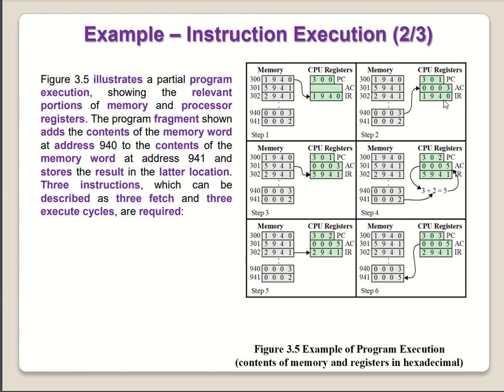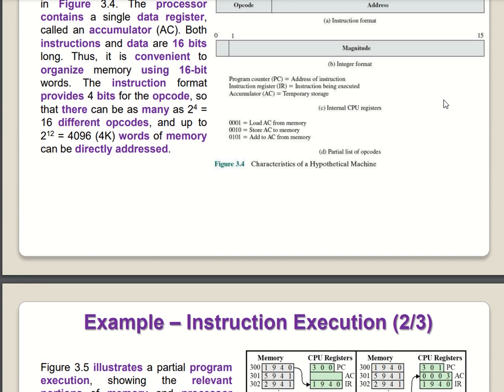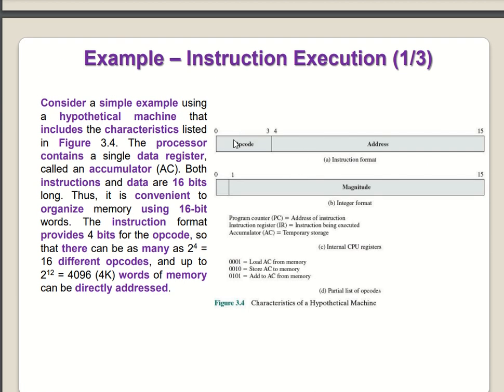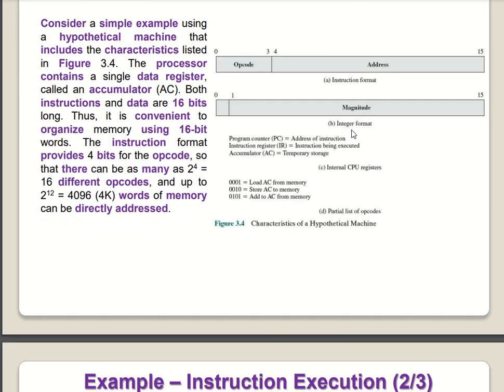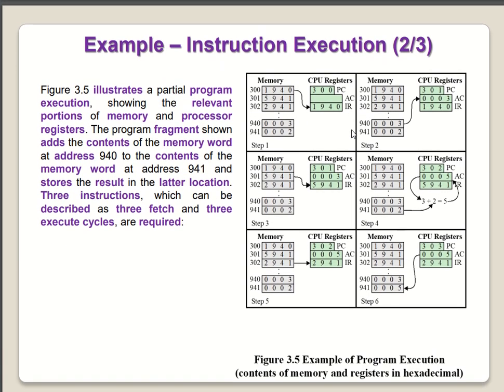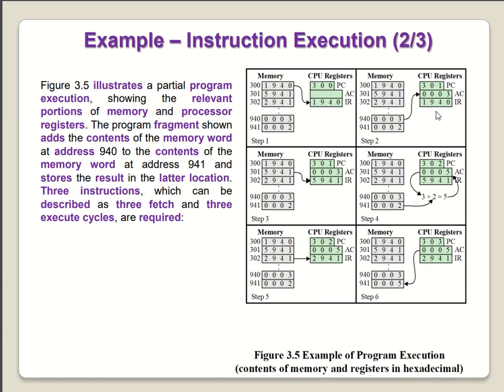1940. The first digit is 1. Keep it in mind. In the previous slide, I told you the instruction format: the first 4 bits are the opcode, and the remaining 12 bits are the address of the operand. So your instruction is 1940, and the 1, put in binary, is 0001.